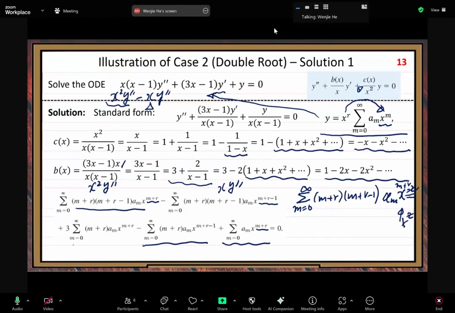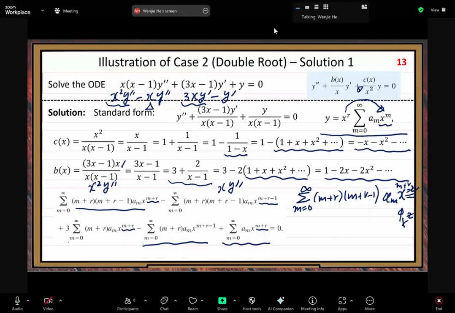The third summation, you use the same method. 3x, write them separated: 3 times x y prime minus y prime. 3 times x y prime, because when you take the derivative and multiply by x here, you get m plus r.